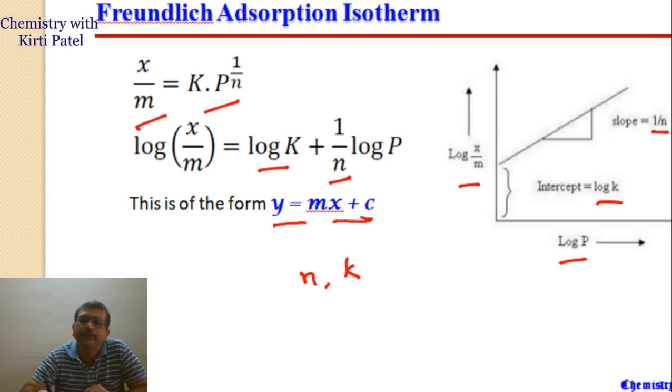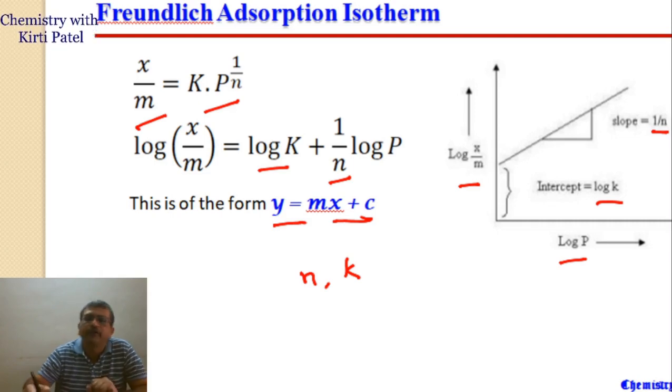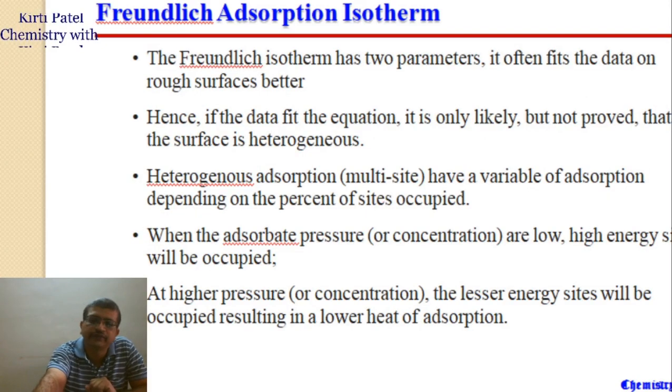In this case, we will take a known quantity of, say, 1 gram of activated charcoal, and we will add increasing amounts of acetic acid into different solutions, and after say 30 minutes we will filter out the solution and estimate the remaining amount of acetic acid, which will give us the amount of acetic acid adsorbed on the activated charcoal. So after plotting the graphs, we can find out the values of n and k very easily. That experiment we will deal with in the experimental section.